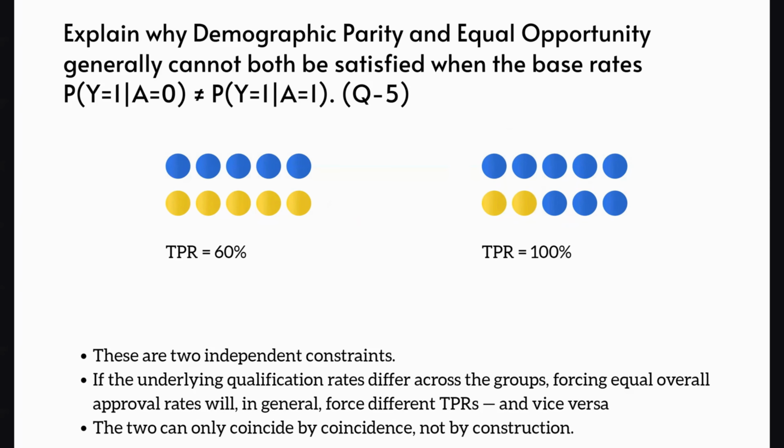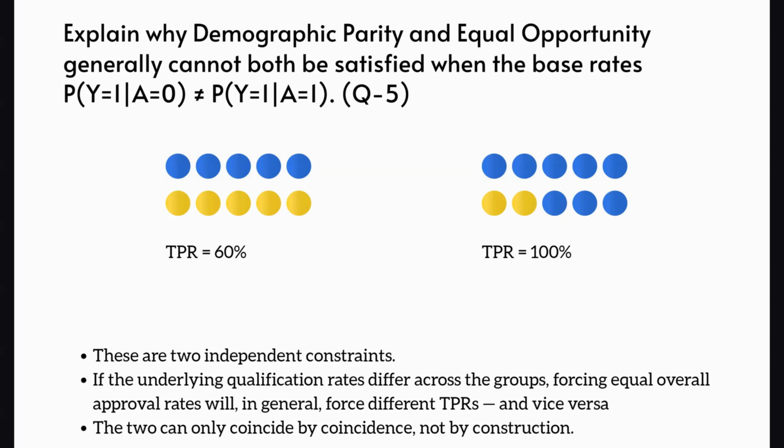I understand that this is just the true positive rate and you don't actually understand why this is the case, but think of it as I want to make sure that demographic parity is satisfied, and I want to make sure equal opportunity is satisfied. When I'm trying to make sure that demographic parity is satisfied, that is an equal number of approvals, that is 3 in both situations, you can see that the true positive rate, which is basically equal opportunity, is not correct.